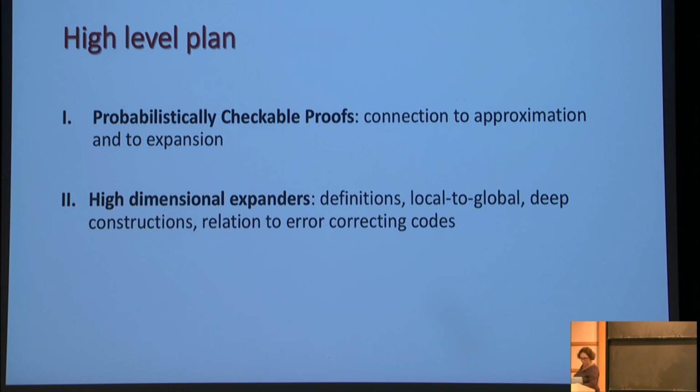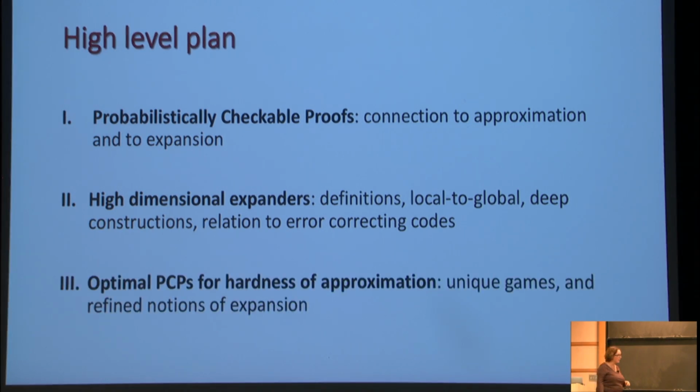So that's tomorrow. And in the third day, I will talk about, going back to approximation, optimal PCPs. So for approximation problems, an approximation problem comes with a number, a real number, which measures how good you're approximating. It's the ratio of approximation. And so a lot of problems that are NP-hard to optimize and to decide exactly, you can approximate to within some factors.